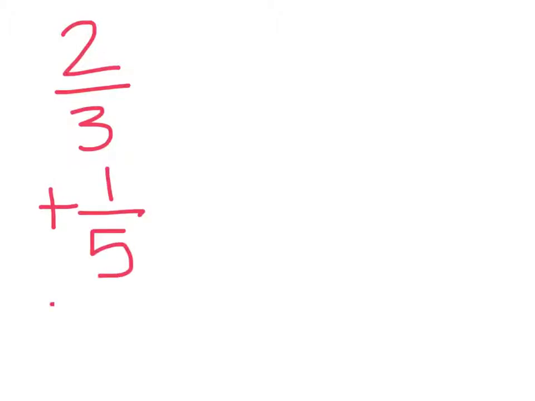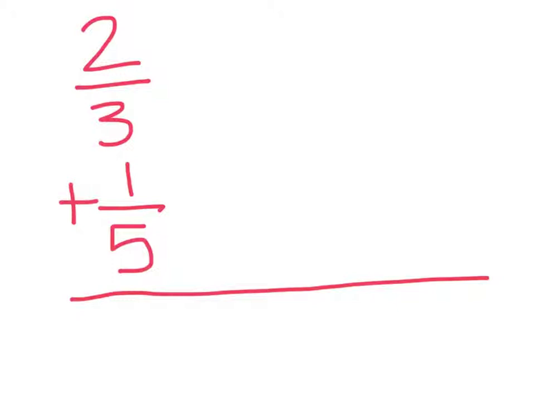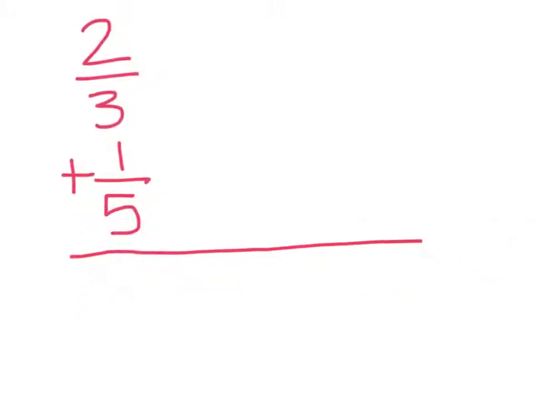Let's take a look at that original problem that I showed you in the first section of this video. So it was 2/3 plus 1/5. In order to solve this problem, there are a couple of different strategies that you can use. It's really up to you how you want to figure out the final answer.